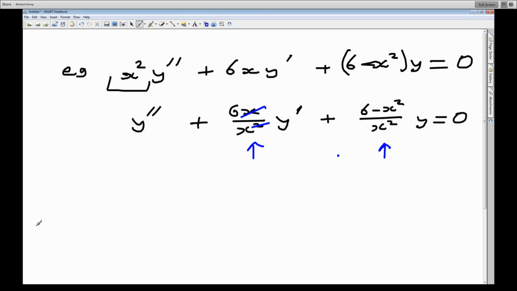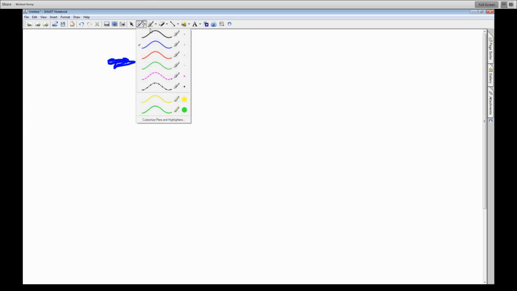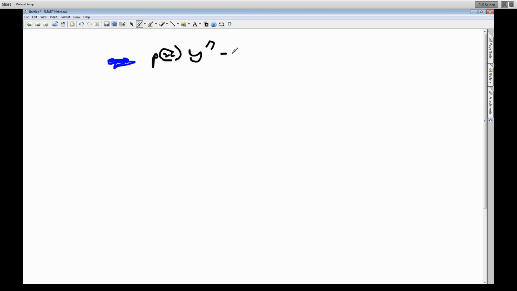Let's try to write down some details. So you've got what I had before: p(x) y double dash plus q(x) y dash plus r(x) y. Again, let's just do the homogeneous case.